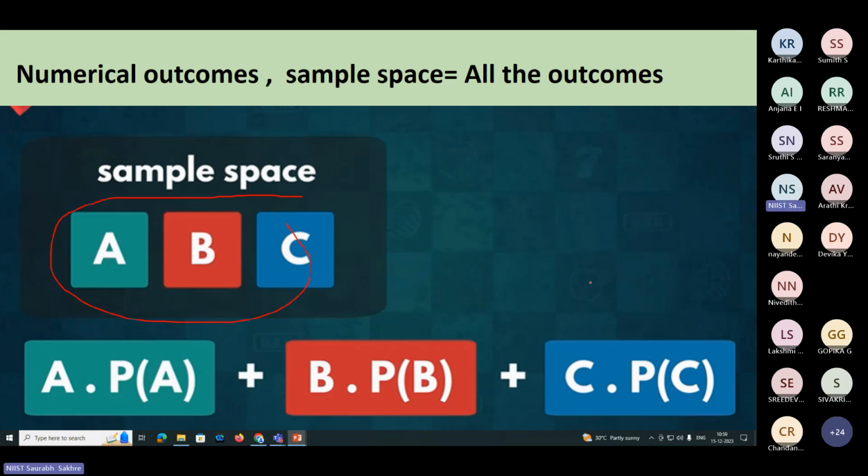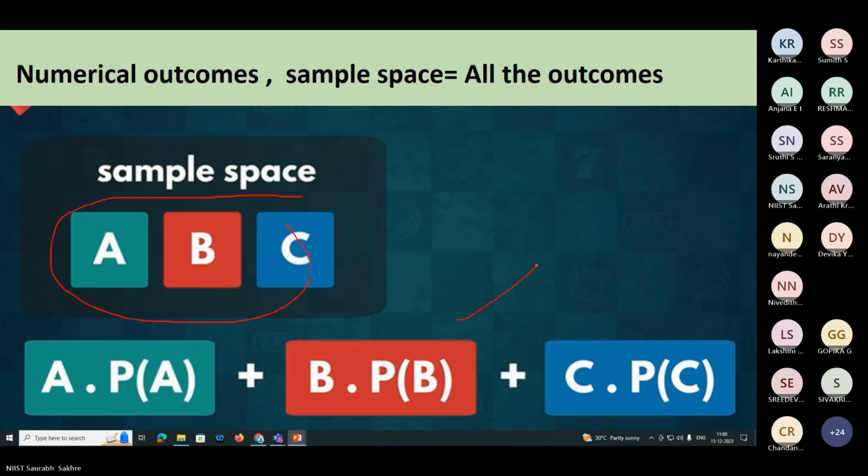Now suppose some complex system is there. If there is a sample space of ABC, my overall outcome will be A into probability of A, B into probability of B, C into probability of C. I will explain this with an example.